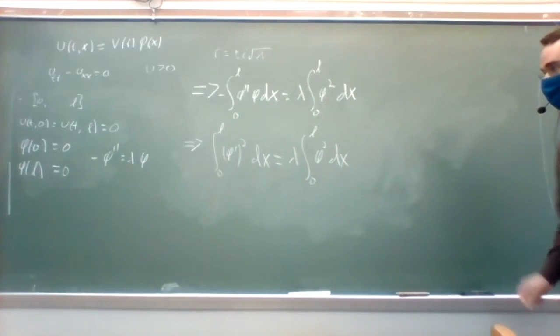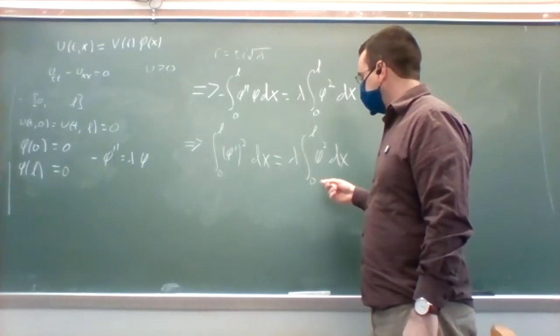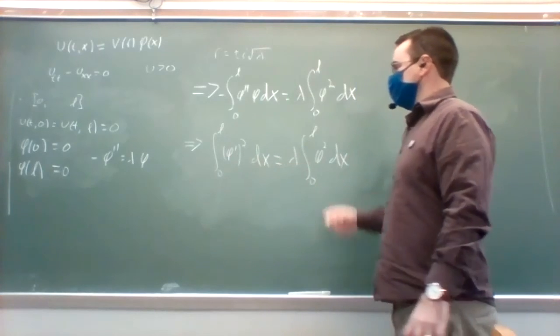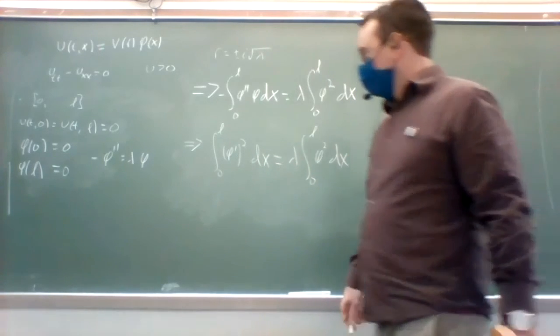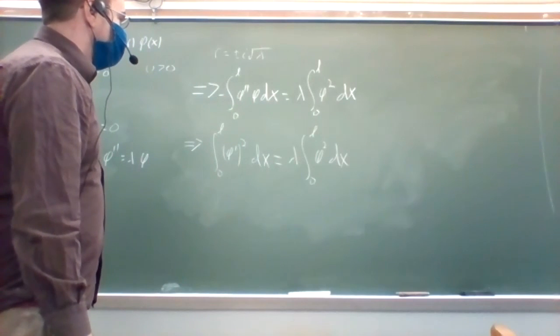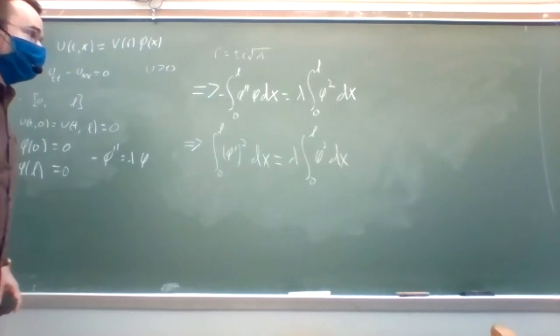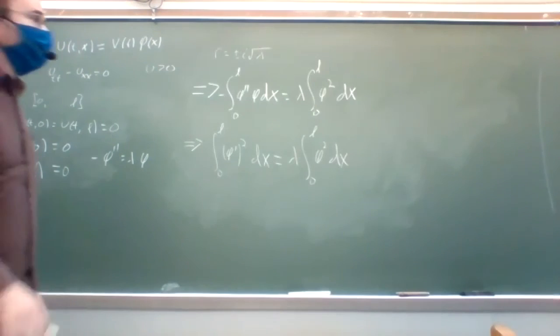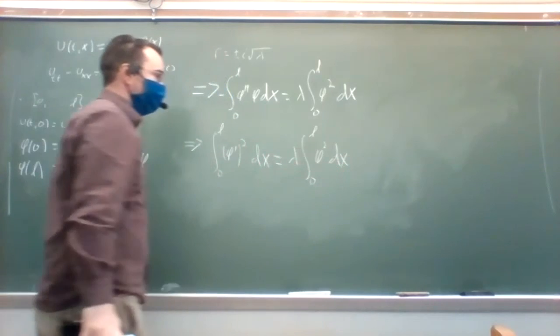And this is kind of nice because I've got integrals of squares. Integrals of squares can't be negative. So first of all, I want to use the fact that phi can't be 0, right? Phi can't be the 0 function. And since it's continuous, this integral can't be 0.